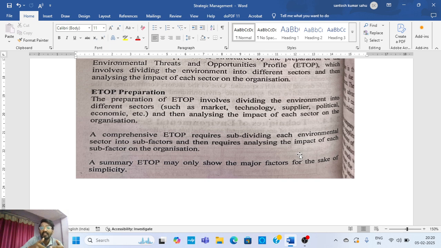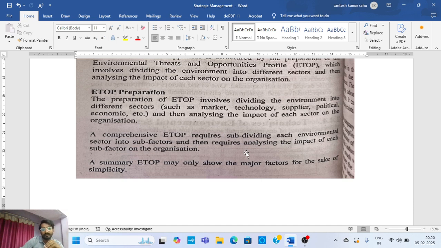Then it requires analyzing the impact of each sub-factor on the organization. Okay, hope you understood. If you just read it 2-3 times, you can easily understand what it is actually saying, right? A summary ETOP may only show the major factors for the sake of simplicity.